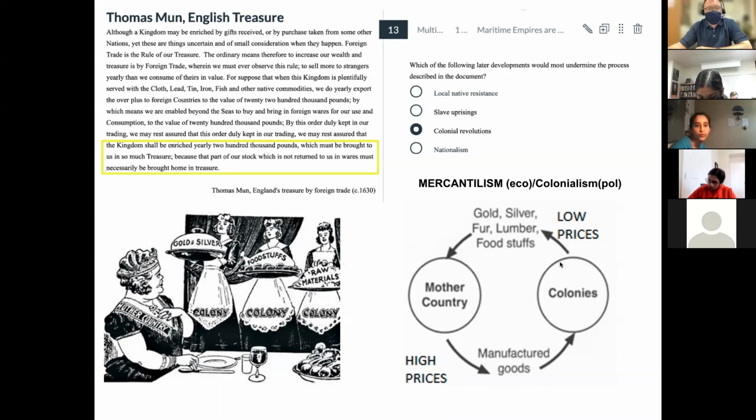It wants to keep the wealth in the colonies by getting rid of the mother country's dominance. So when colonialism goes away in the New World, mercantilism is replaced with capitalism, free trade, free enterprise, country to country, no interlocking domination of a mother country.